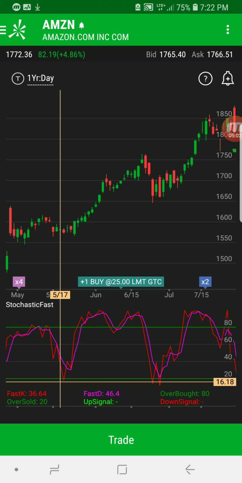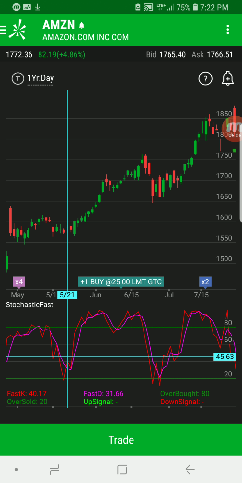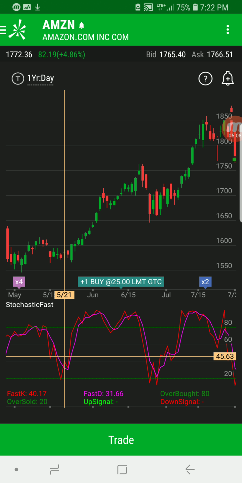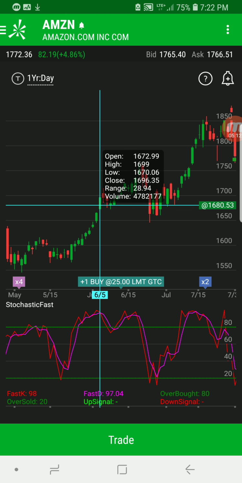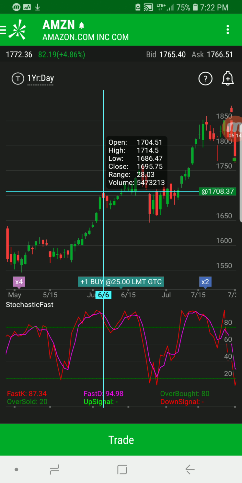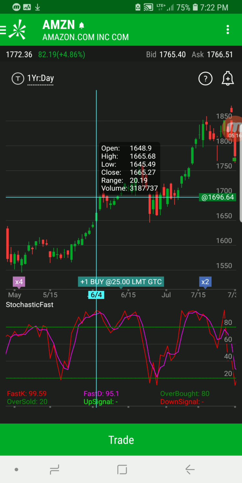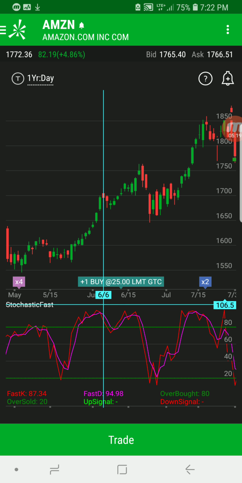You know, it went down to about under 20, and that was followed by a move upward. You can see it up here. It starts to go up, and then see how it's up here.